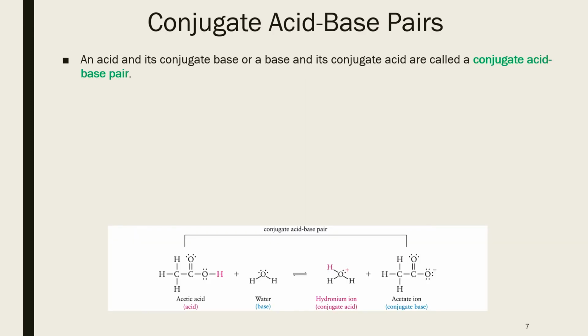As we learned, according to Bronsted and Lowry theory, any substance which donates a proton will be classified as an acid. So let's write an equation for a hypothetical acid such as HA, and let's write this reaction with water. We know that the acid will donate a proton, so this H positive from the acid will be donated to water.